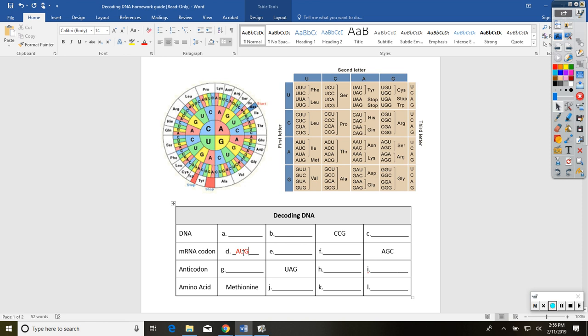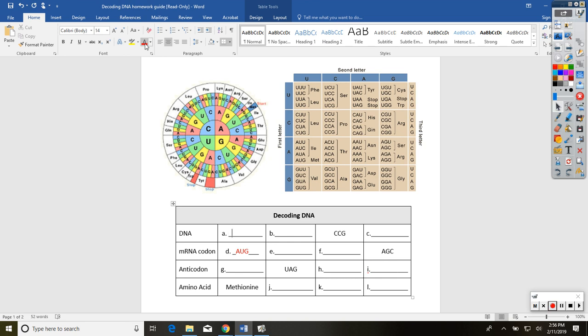And then from there, we can figure out the DNA or the anticodon, which is the tRNA. And again, that's based on the mRNA. So the DNA will be what coded for AUG, so what paired with A. And remember, our mnemonic device is apples in the tree, chips with guacamole.